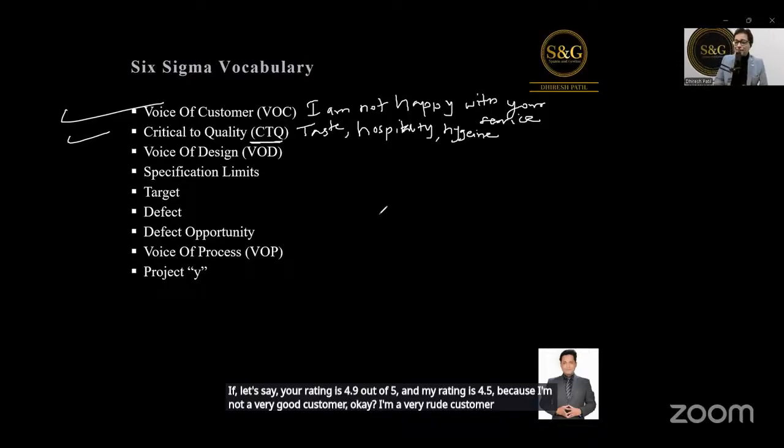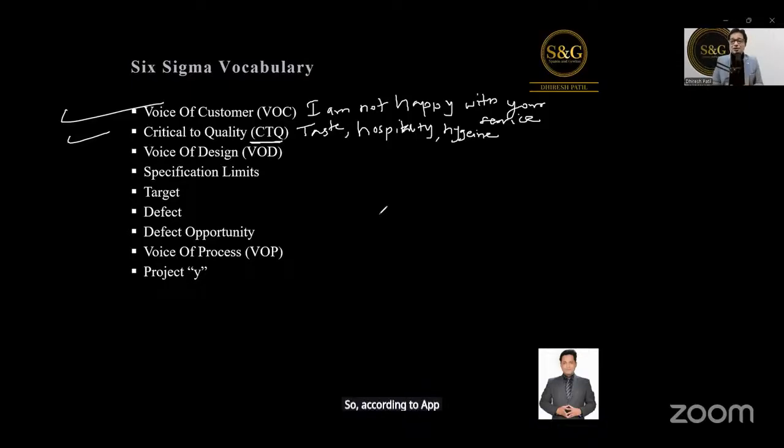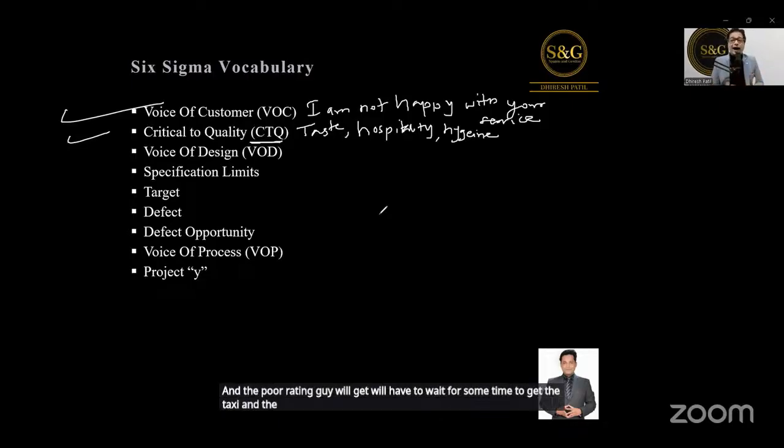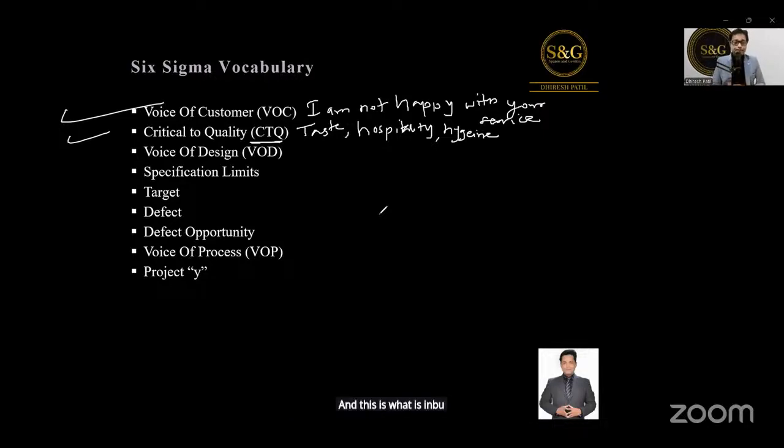So according to the app, a 4.9 rated customer will get the taxi booked faster at the best rate, and the poor rating guy will have to wait for some time to get the taxi, and the prices also can be a little higher. And this is what is inbuilt in the algorithm.